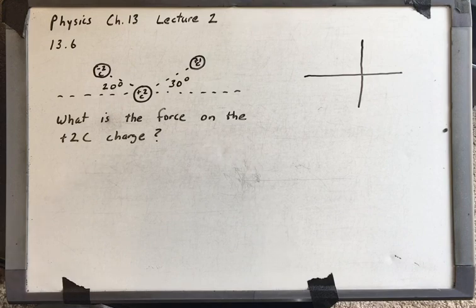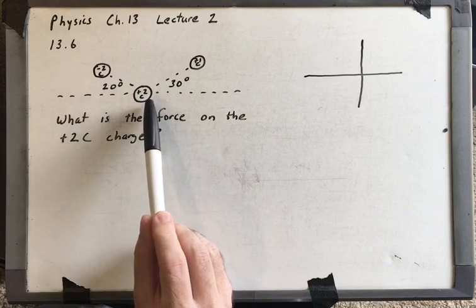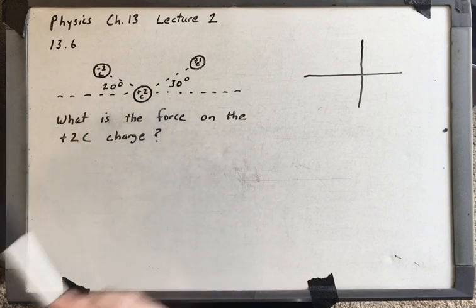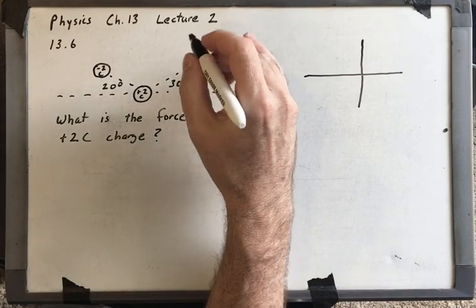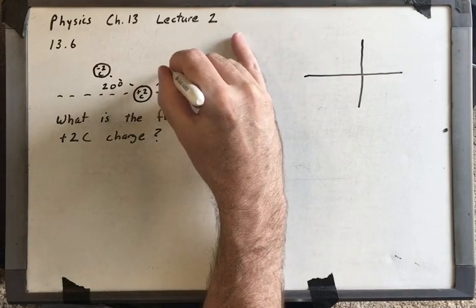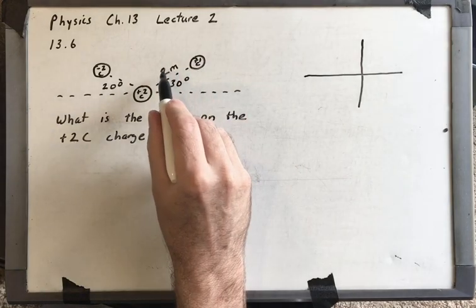And I want you to draw this situation. So in the middle here we have a plus 2 Coulomb charge, and then at 30 degrees, let me give you the distance here, 2 meters.